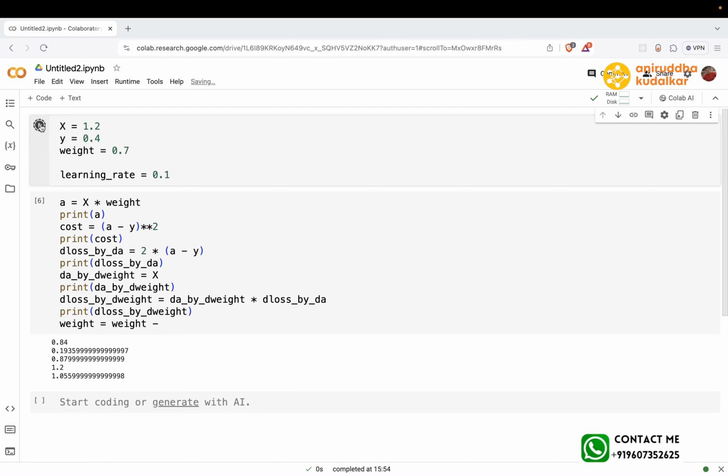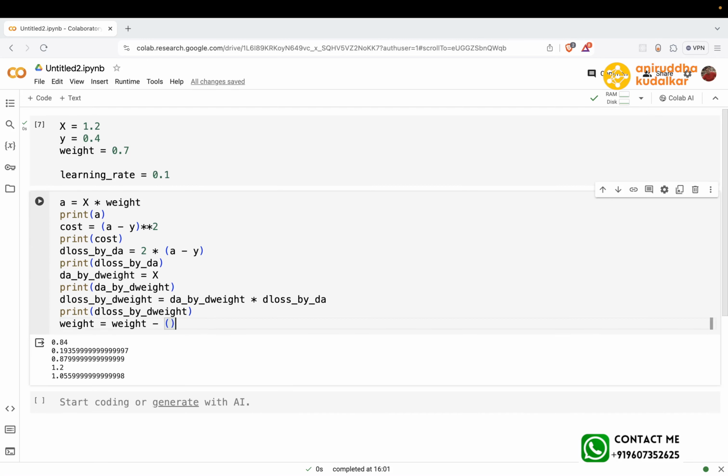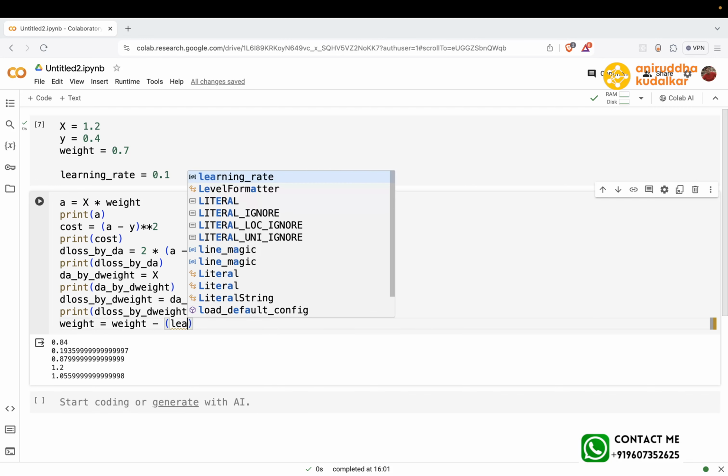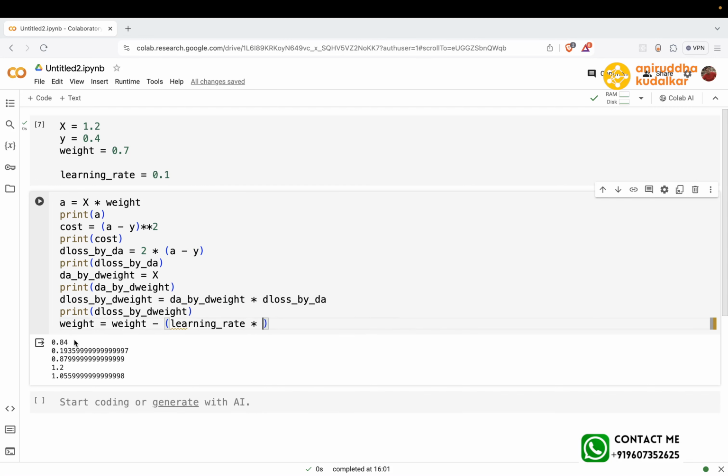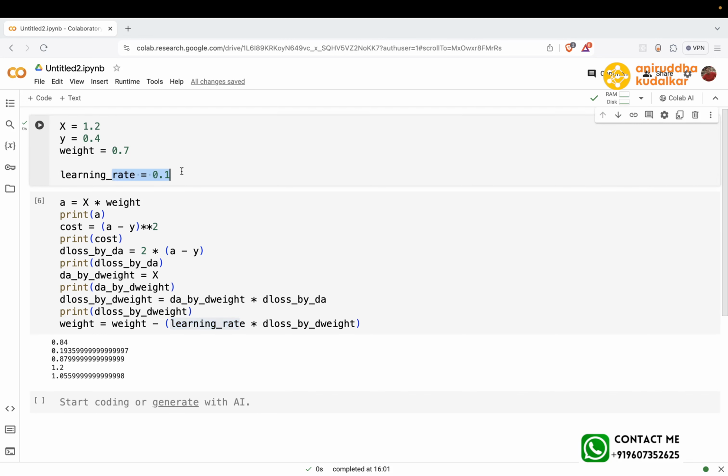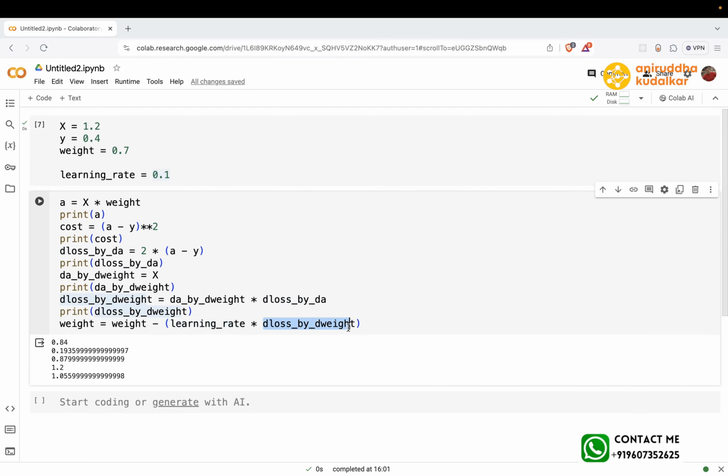Let's run this. So weight minus learning rate into d loss by d weight. If you want to update the weight, it is the existing weight minus the learning rate, whatever learning rate you are giving, into d loss by d weight.